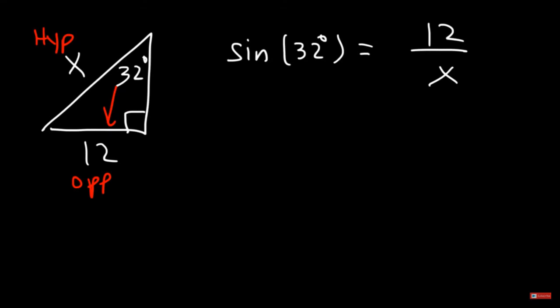So in this case, what can we do to find the value of x? What would you do? What I would do is cross multiply. So 1 times 12 is 12, and this is going to equal x times sine 32.